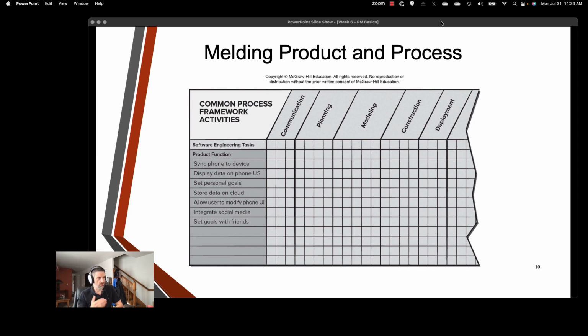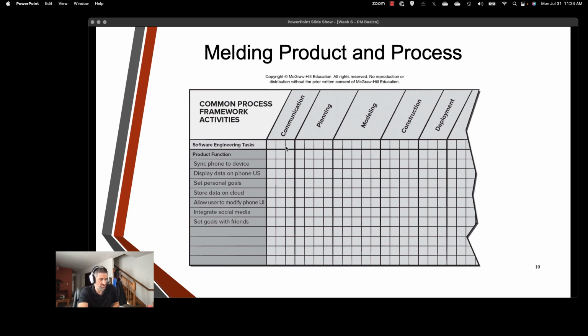Okay, so this fancy looking matrix right here is basically for a fitness app, and what we see here is that each major product, function, or user story is listed in the left-hand column, and framework activities are listed in the top row, and software engineering tasks would be entered in the following row, right?